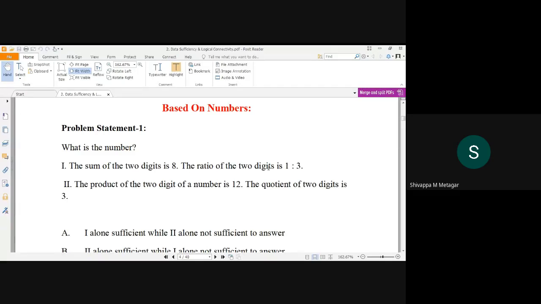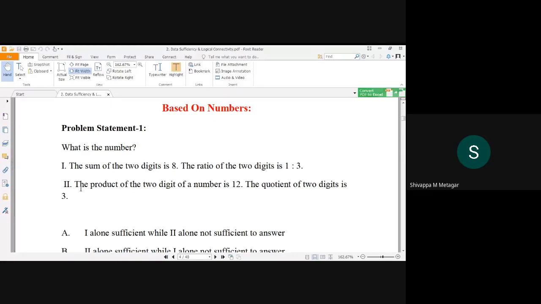The ratio of the 2 digits, x is to y, or x by y, equals 1/3. So x plus y equals 8, and x by y equals 1/3. You can cross multiply both equations, and then you will get the values of x and y.